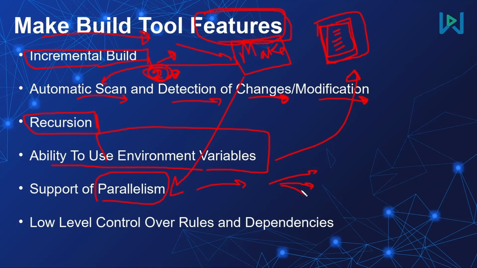So instead of having a single thread or process, we'll have multiple processes to achieve the goal of executing and parsing the different Makefile rules. And finally, Make and Makefile provide to us low-level control over the different rules and dependencies. This is not possible with other sophisticated build systems like CMake.